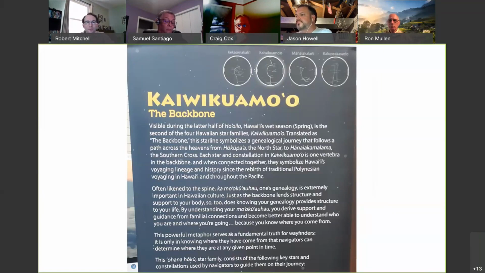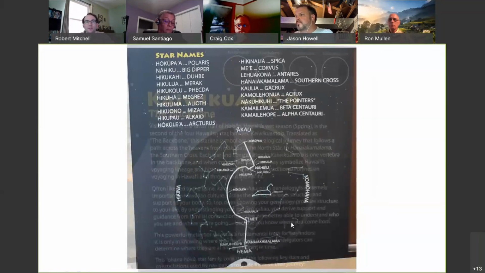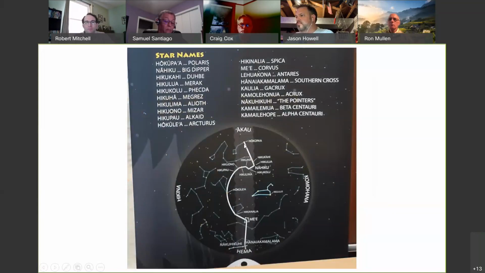And so, take a look at this family. Here's the backbone with Polaris at one end and the Southern Cross at the other end. Again, Polaris is Hokupa'a, and this one goes through the Big Dipper, which they call Nahiku, with a separate name for each star in the Big Dipper, just like we have.